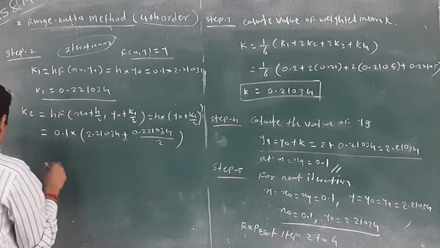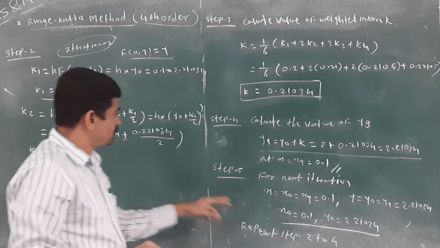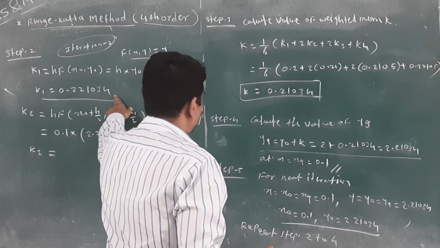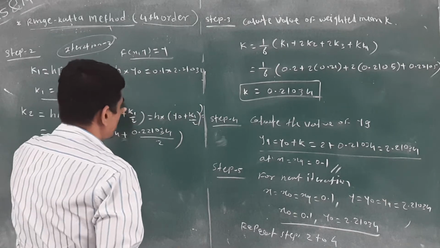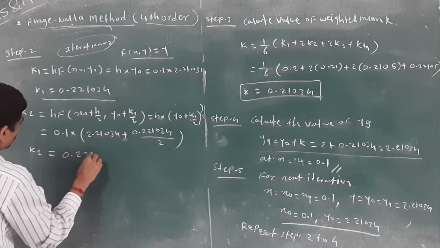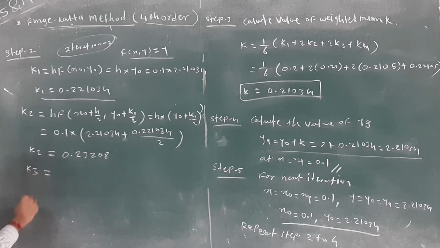Then what is the value of k2? When you put these two values, y0 and k1, you will get k2 is 0.23208.